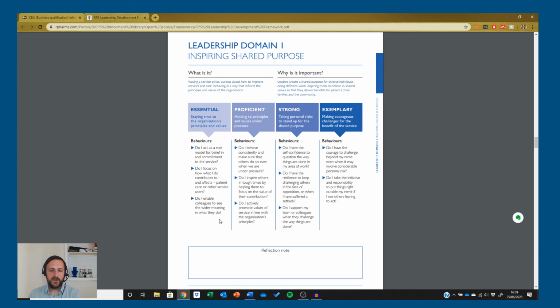So in terms of an example, you might think about, if you're working in a pharmacy, how do you help your colleagues around you see the wider meaning in terms of what they do? Now this could range from offering training on specific things to increase their knowledge of the services they're providing, to making sure that you have contact with other healthcare providers, so that it's not just pharmacy central.